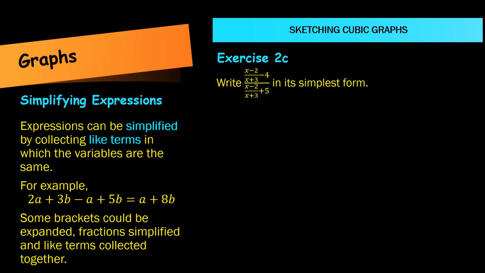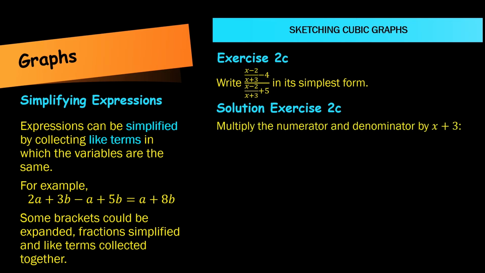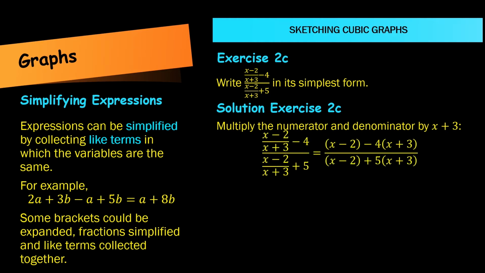And because we're dividing through by x plus 3, top and bottom, when we solve this, let's multiply the numerator and denominator by x plus 3. So we have x minus 2 minus 4 times (x plus 3) in the numerator and x minus 2 plus 5 times (x plus 3) in the denominator.